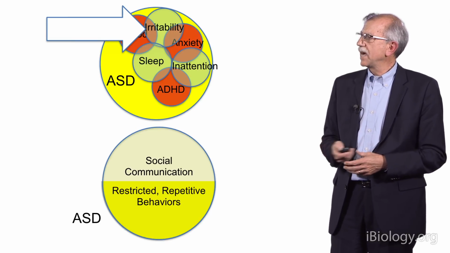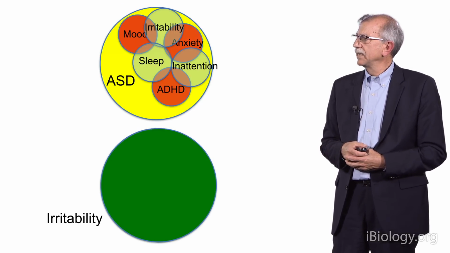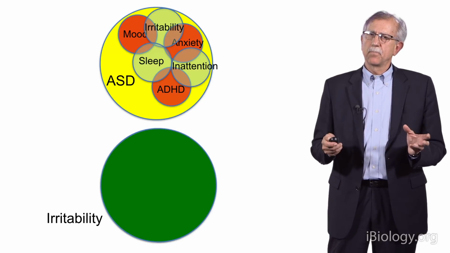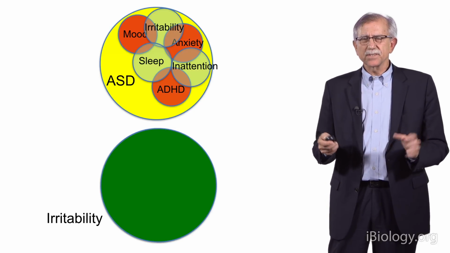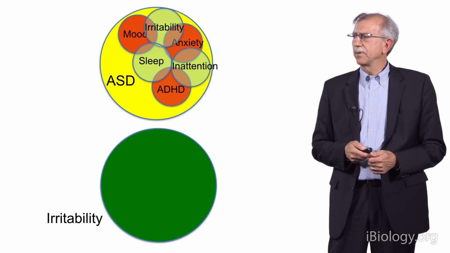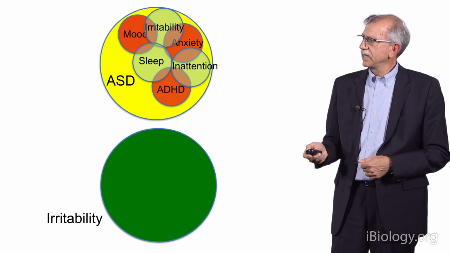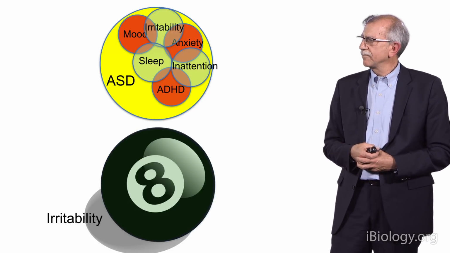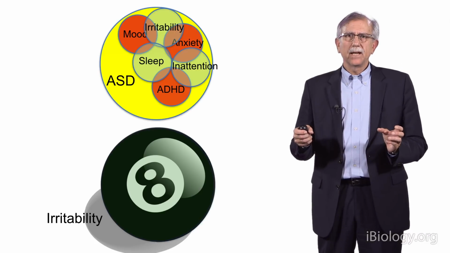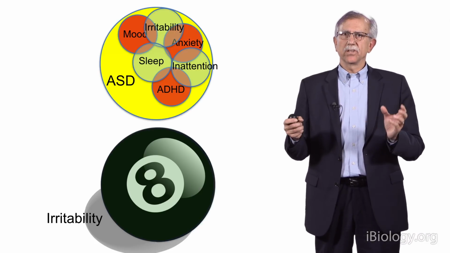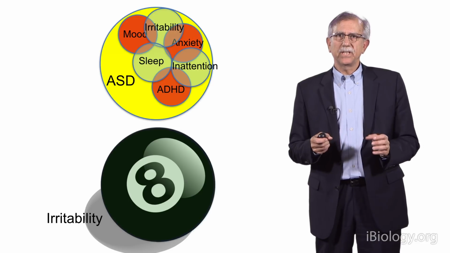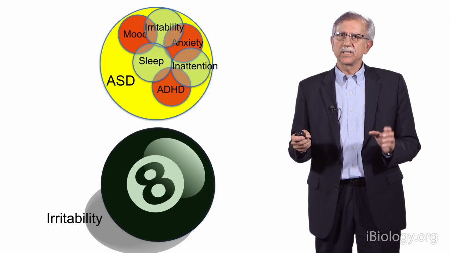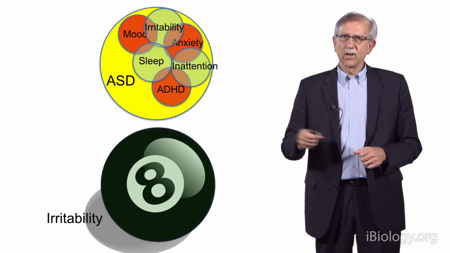And so if we pull out irritability for an example, I want to make another point about the process of identifying therapeutics, and we'll change that irritability circle to an 8-ball. So the point in billiards is that when you have the opportunity to sink the 8-ball, you have to actually declare where it's going to go.